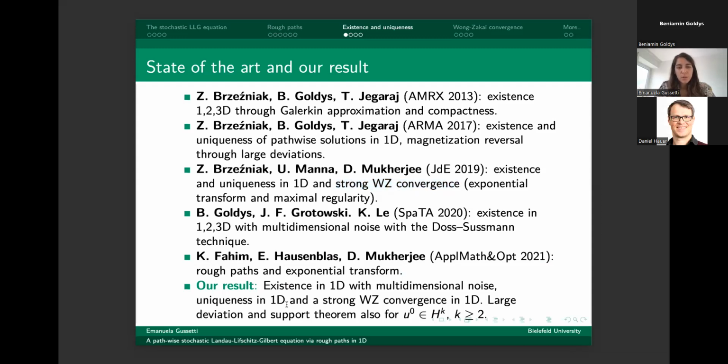In our framework, we establish existence in one dimension with multidimensional noise, uniqueness in one dimension, and we obtained strong Wong-Zakai convergence in one dimension. So somehow the question that was posed by Brzeźniak is answered.